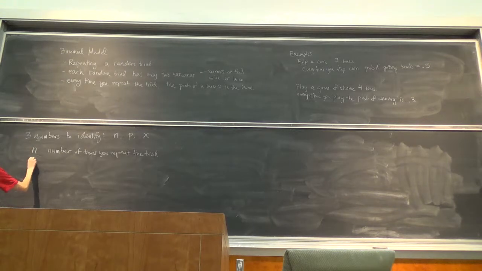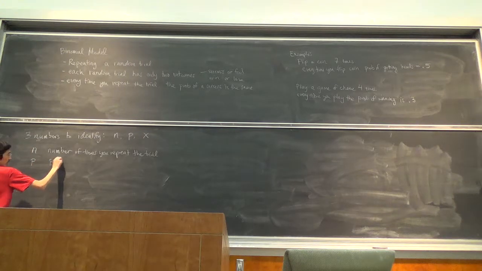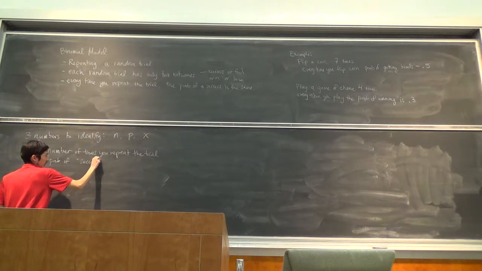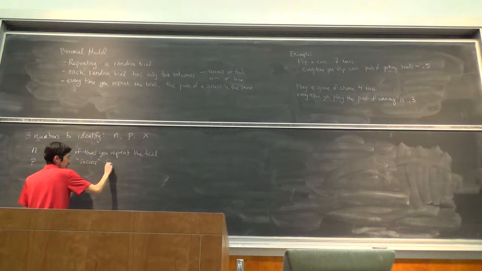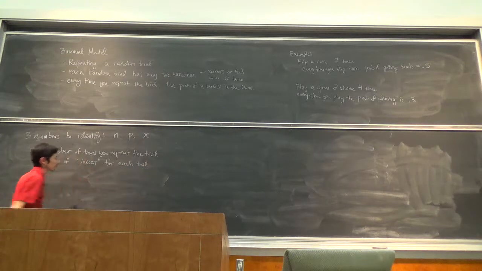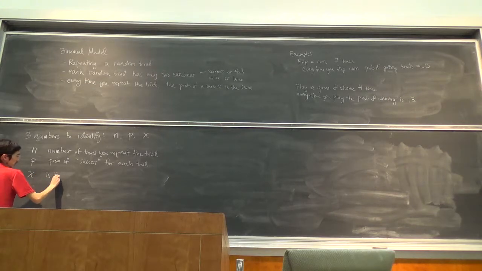P is the probability of success for each trial. And X is the number of successes that you want.